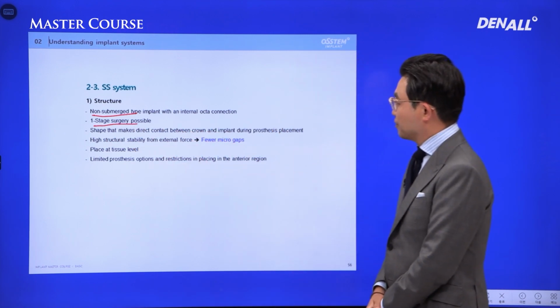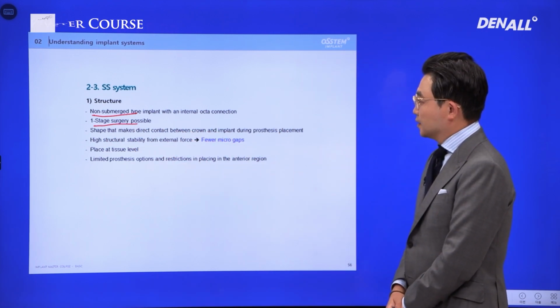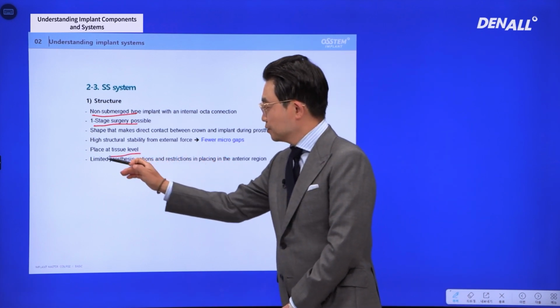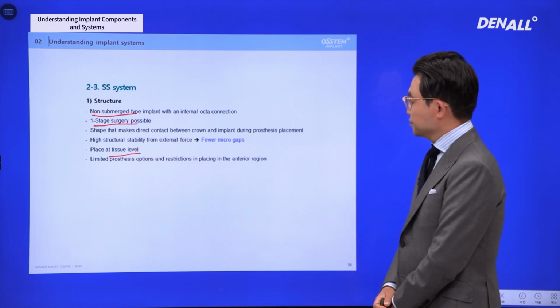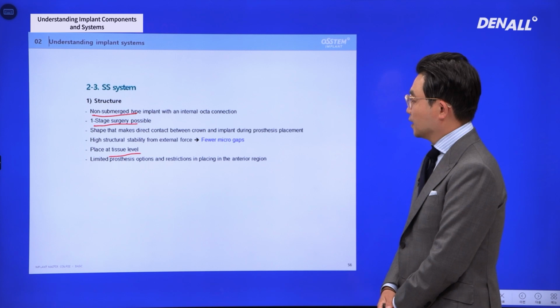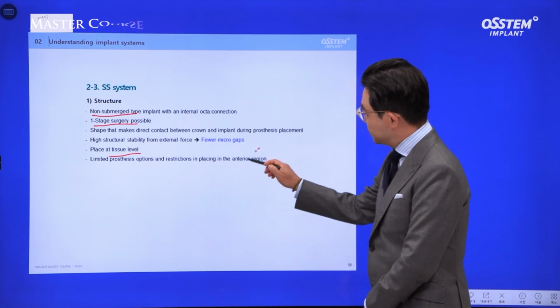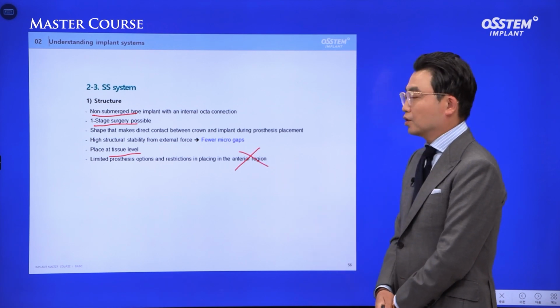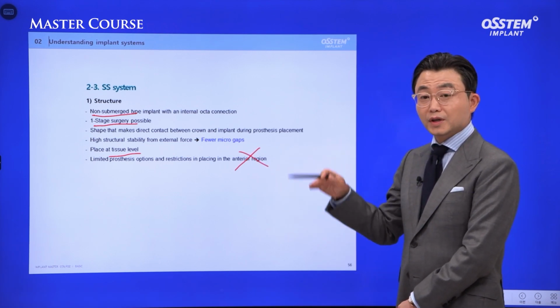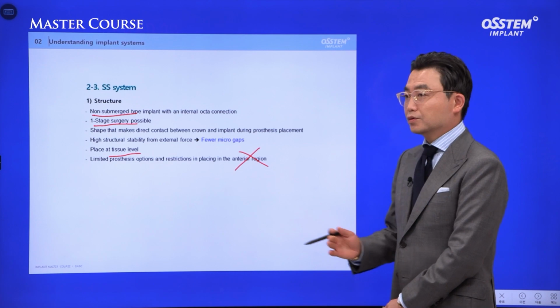Tissue level, it needs to be placed at that level. It has limited usage, so SS you cannot use in the anterior region, and also if the osseous space is not sufficient, then it also cannot be used.